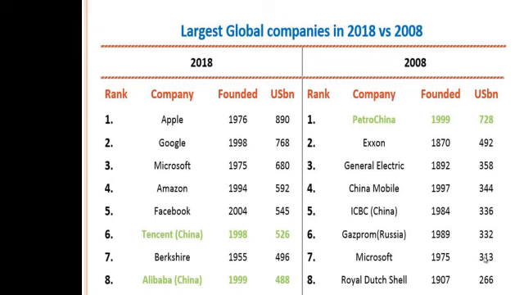The figures have dramatically changed in 2020, but this I could get from books, this beautiful graph. If you look at 2008, if you look at PetroChina, and then at 2018, you will see that the company has completely gone out of the top 10 rankings.